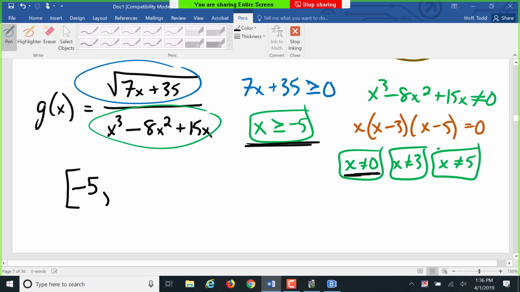Our next restricted value is the 0. So that goes up to 0. So what do we put on the edge of the 0? A round bracket, because the 0 is excluded, right? Then a union. What do we start our next interval with?